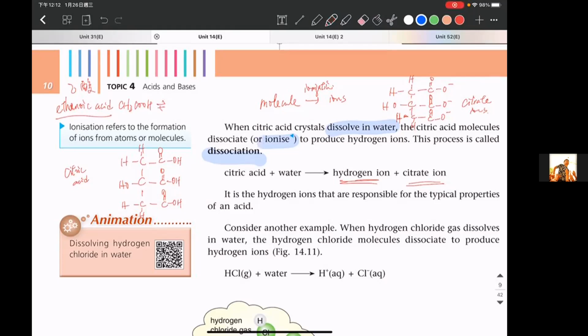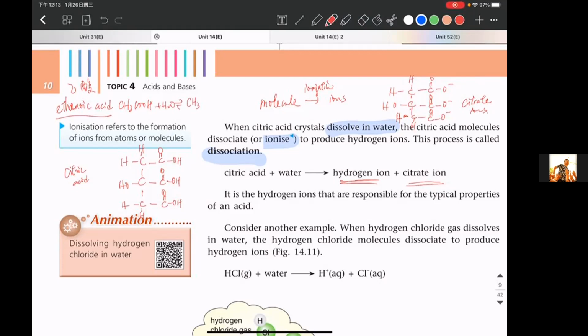Once it undergoes ionization, what will happen? It will form what? CH3. Could you please type the word ionization next to the word ethanoic acid?